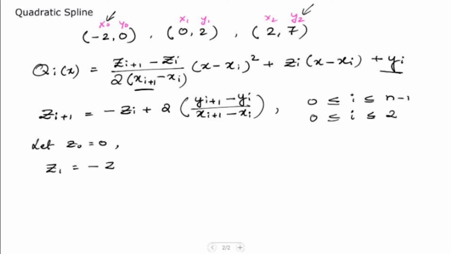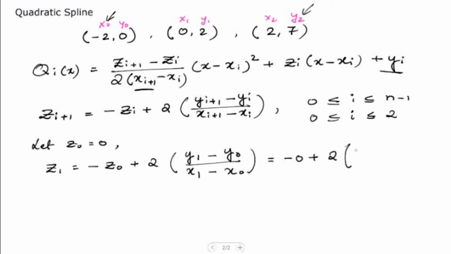So we have minus z0, which is minus 0, plus 2 times (y1 is 2, minus y0 is 0) divided by (x1 is 0, minus x0 is minus 2), so minus is plus here.